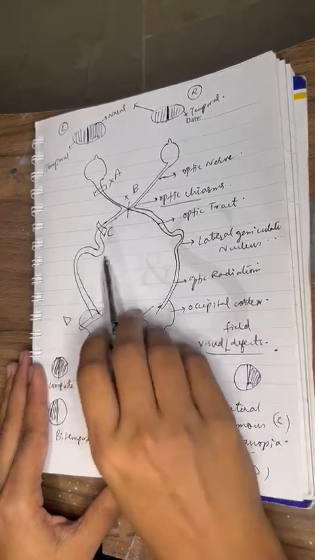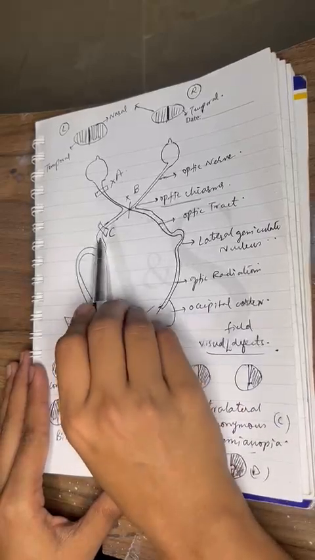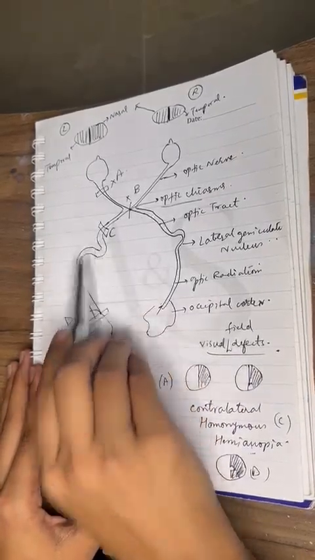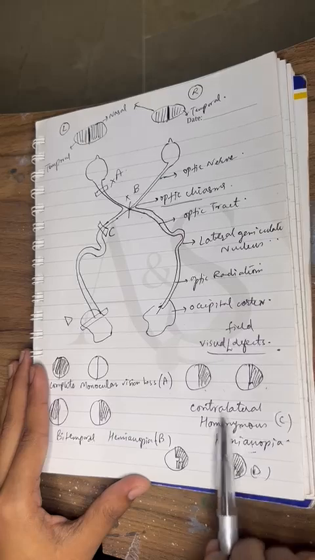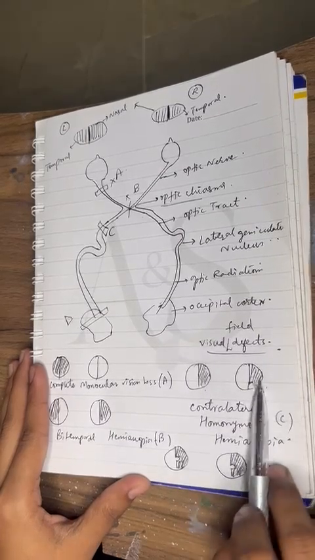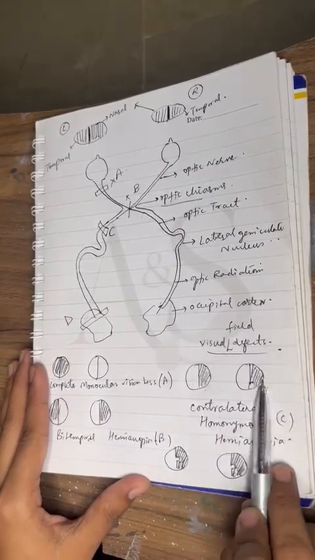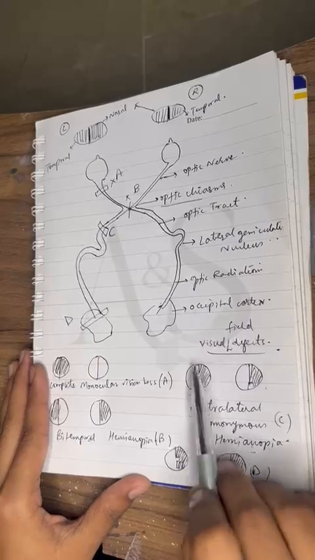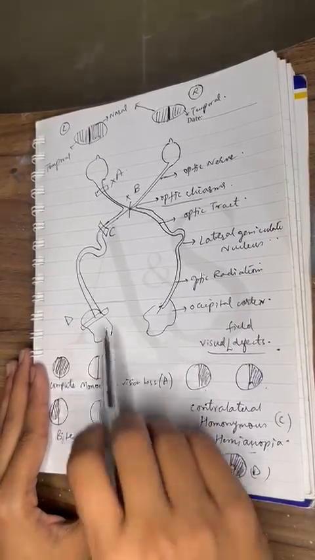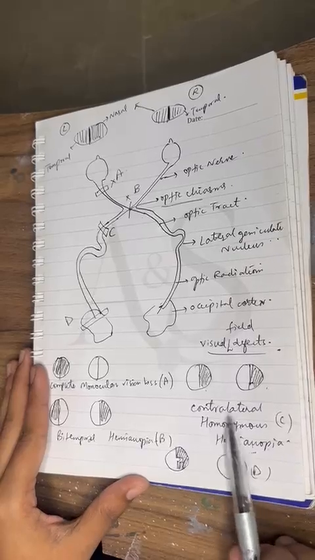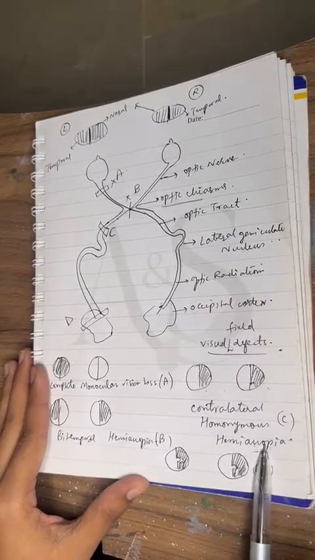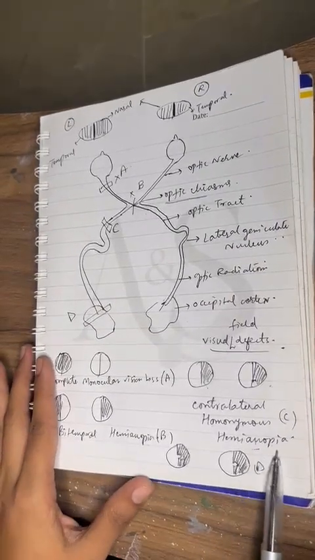Contralateral means opposite side, right? If this is the left eye, then the patient will have damage on the right side. And homonymous means the same side of the visual field, right? Same side. And hemianopia means half, not the complete. So if there is damage at the level of the optic tract, you will get contralateral homonymous hemianopia.